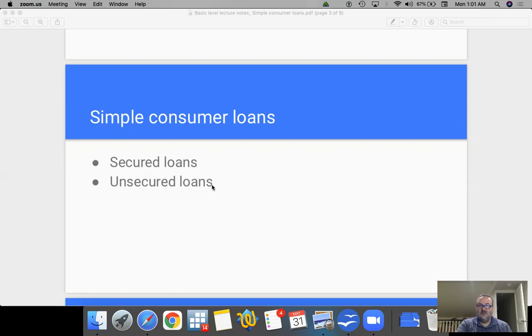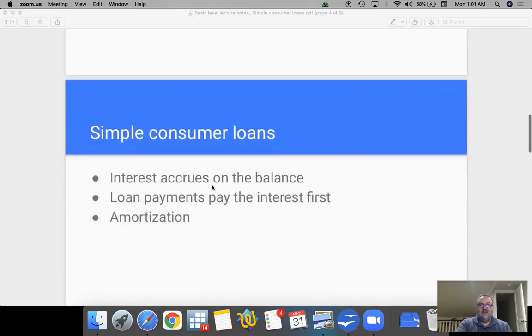Unsecured loans simply rely on you and your credit score, as we discussed in previous weeks, and based on that alone, without any securitization, the financial institutions decide whether they want to lend you any money or not.